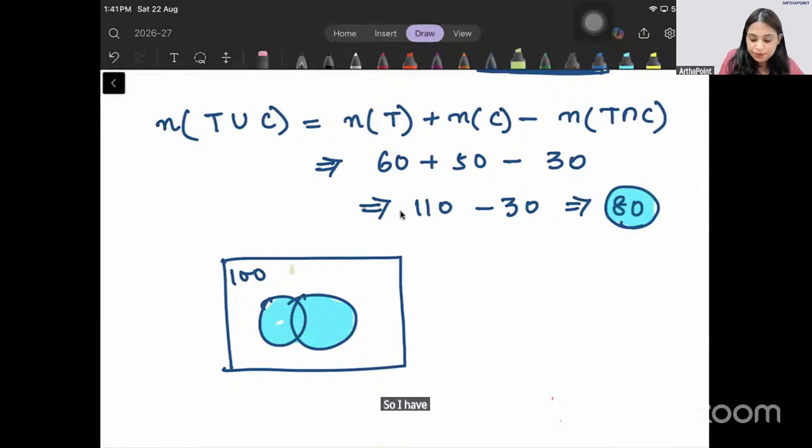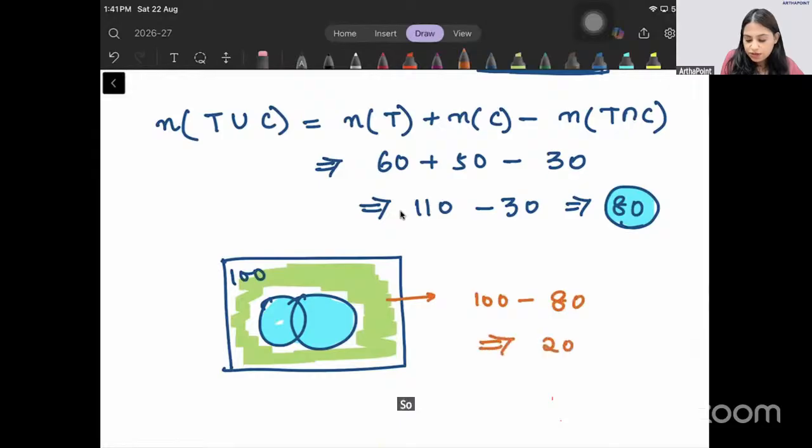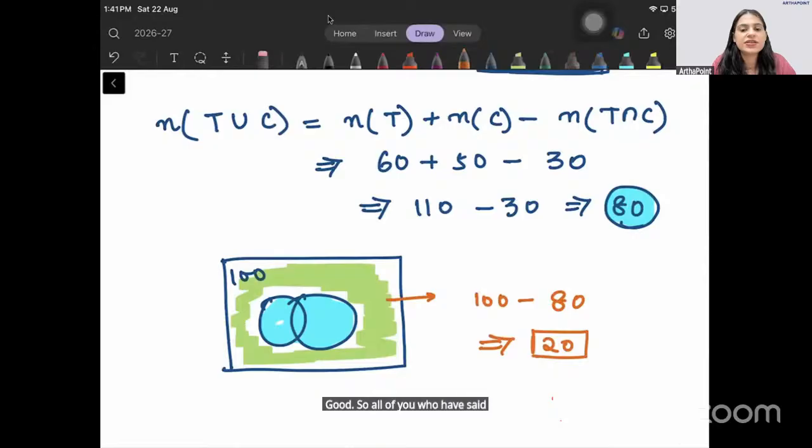So I have to find people who buy neither, जो इन दोनों में से कुछ भी नहीं ले रहे, this one. That means this will be 100 minus 80. So it will be 20. Good. So all of you who have said this as 20 is the correct answer. ठीक है.